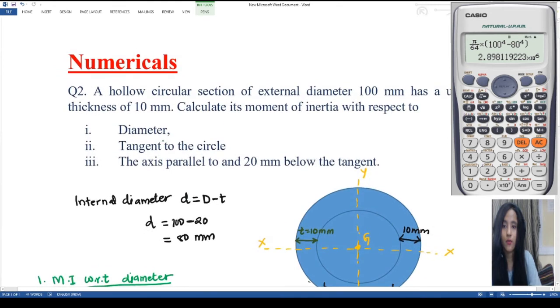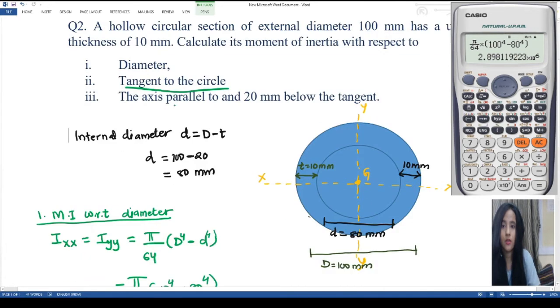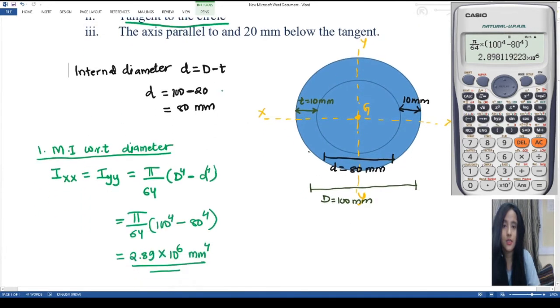Now for the second one, it says calculate moment of inertia with respect to a tangent to the circle. For this condition, we need to draw a tangent.